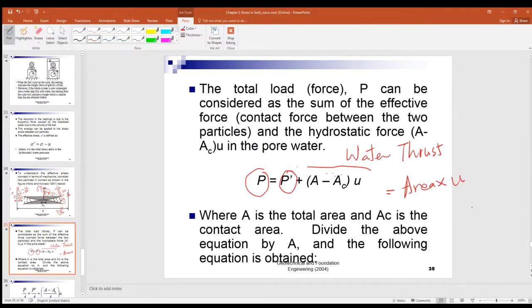U is the pore water pressure. Pressure times area is equal to force. Now, what's the area?